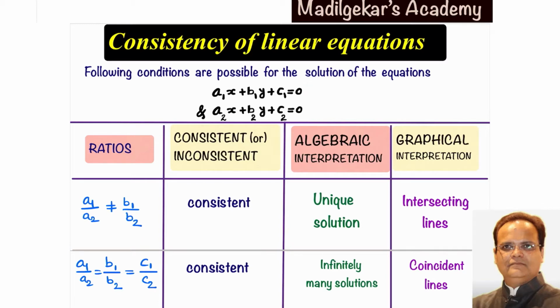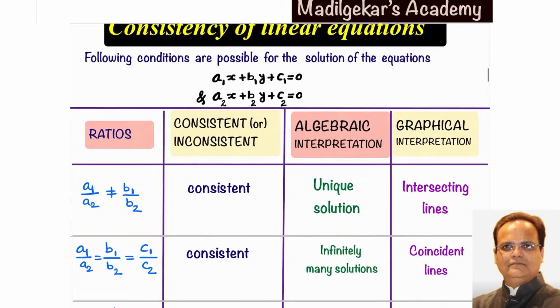If these two equations have a common solution, then we say that the equations are consistent. If they don't have solutions, then we say that the equations are inconsistent. Just by comparing the ratios of the coefficients, we can conclude whether the equations have solutions or not.